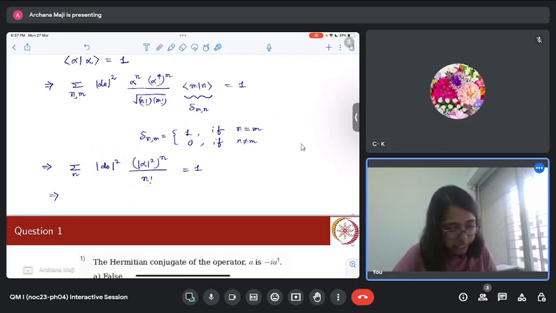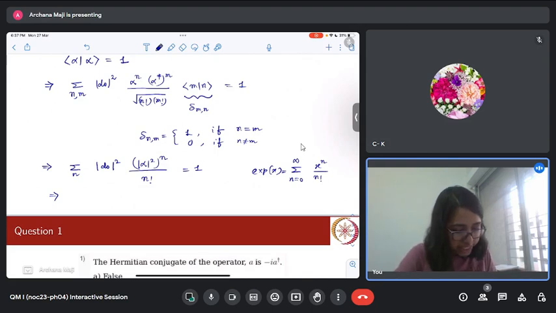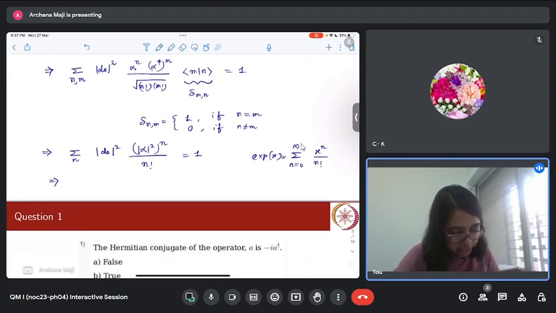That is nothing but an exponential. Exponential of x you can write as summation n equal to 0 to infinity x to the power n over n factorial. So what is x for this particular case? x is mod of alpha square. So we get mod d0 square times exponential of mod alpha square, and that is 1. So we can determine d0.